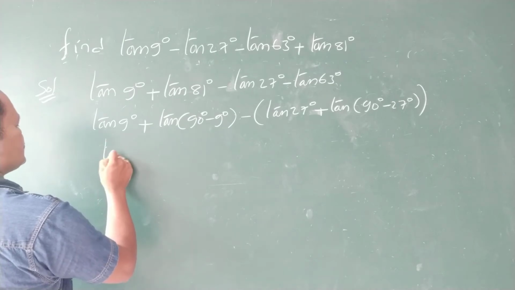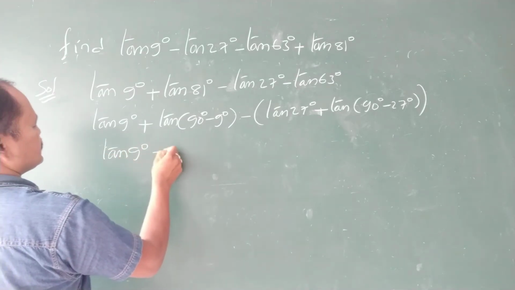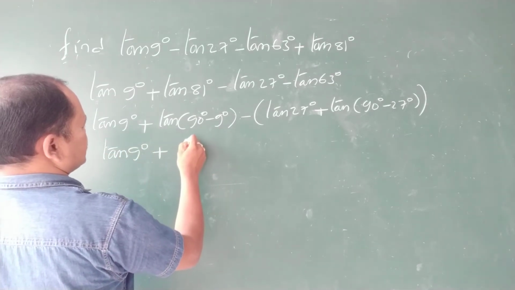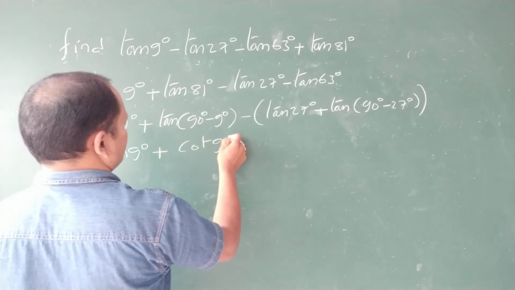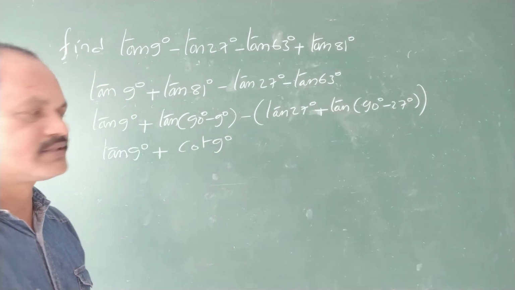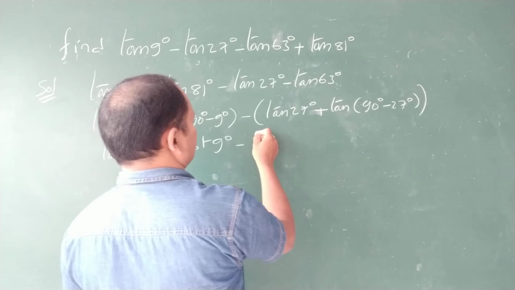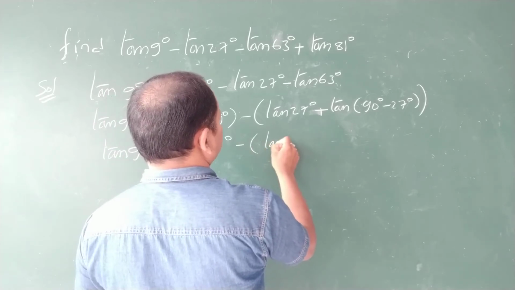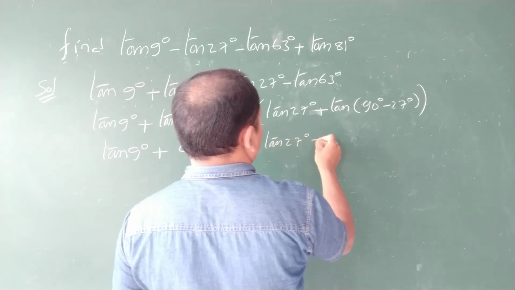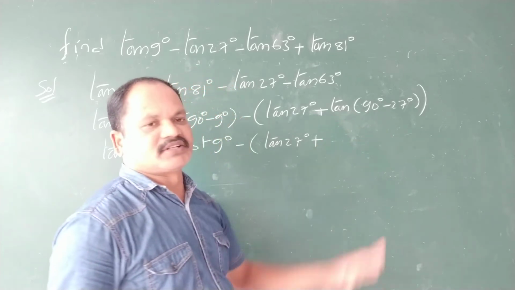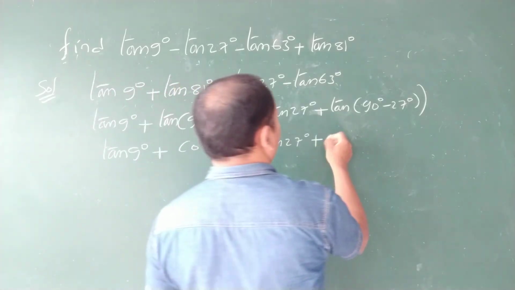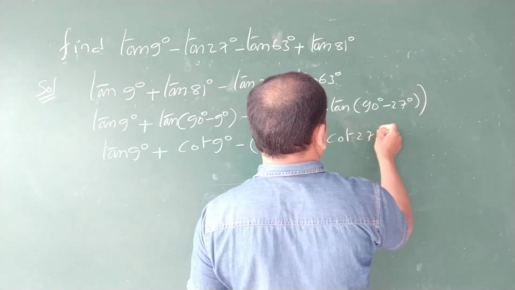That's why this is tan 9 degrees plus tan 90 minus theta is cot theta, that's why it is cot 9 degrees. Again, minus of tan 27 degrees plus tan 90 minus theta is cot theta, that is cot 27 degrees.